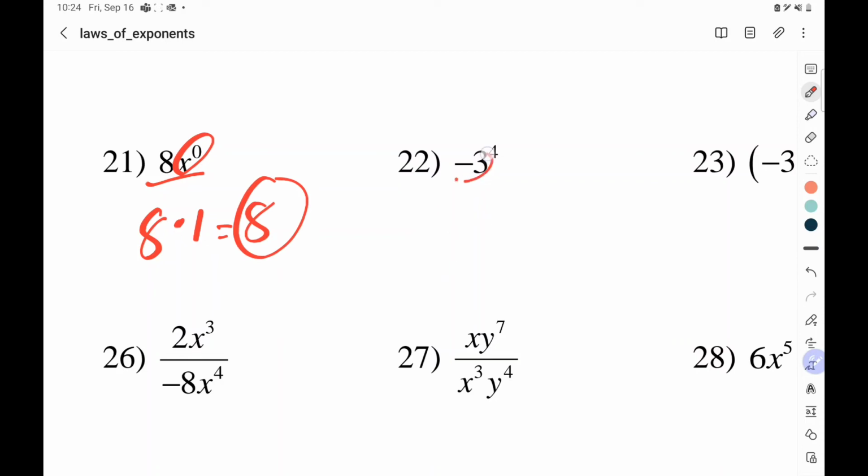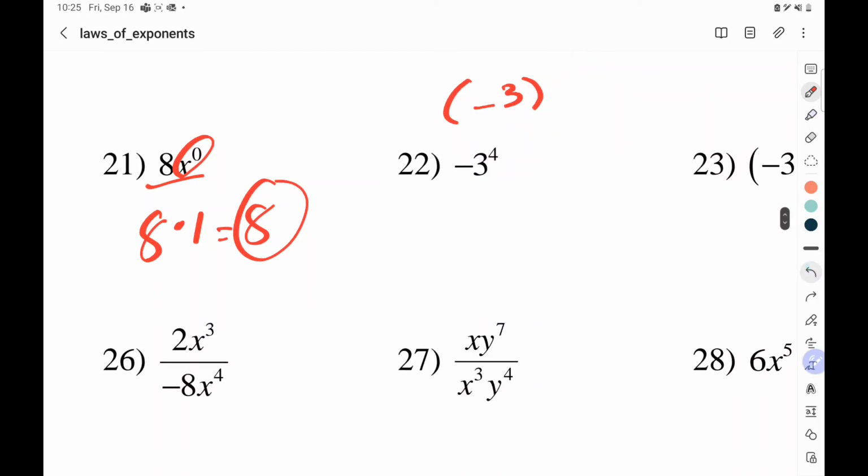Now remember, we can factor the negative here. Remember that the exponent here is only for 3. It doesn't include the negative sign, because if it does include the negative, it should look like this, not like this. Do you understand that? So that means the exponent 4 here does not include the negative sign there.